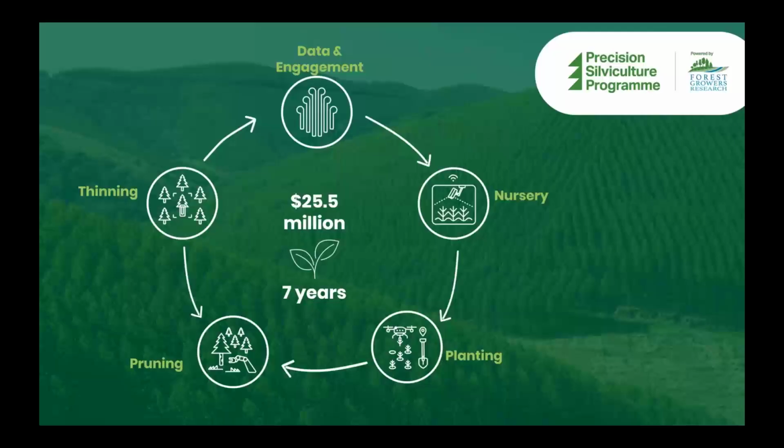This work for forest design actually sits in our thinning work stream, but it's obviously got links back to planting and establishment. We're at a bit of an interesting time where some areas are more advanced than others when it comes to mechanisation, such as thinning.